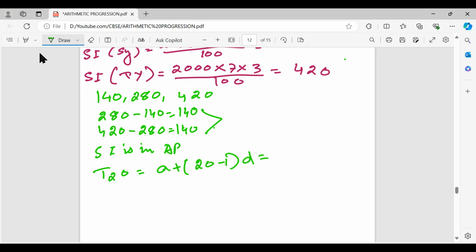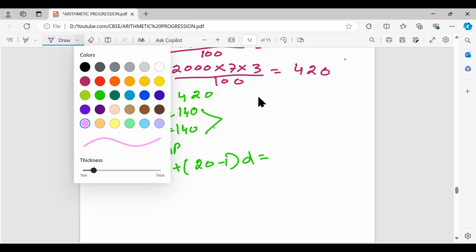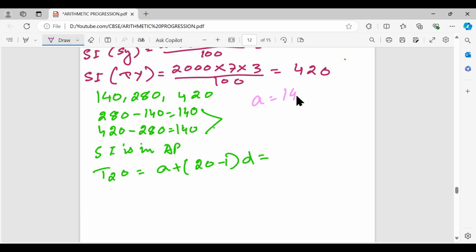Your a is 140 and the difference is already calculated. That is 140 again. Okay, so we will do this. A is 140 plus 20 minus 1 will give you 19 times d, that is 140.